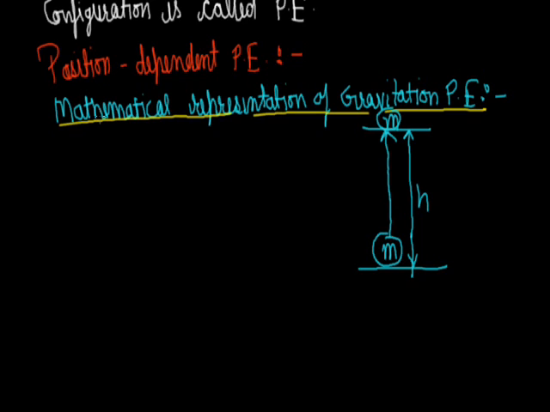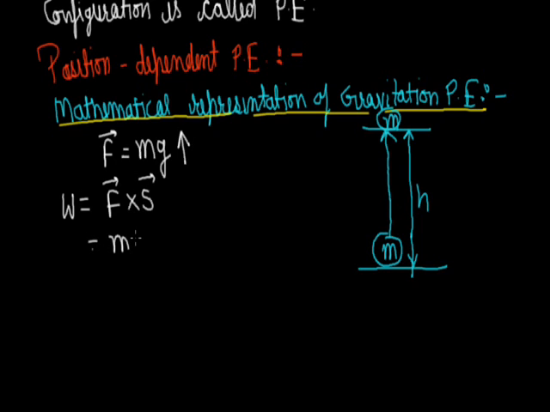We know the force applied on the body for lifting is mg, which is equal to its weight. The total work done in lifting the body will be force into displacement.